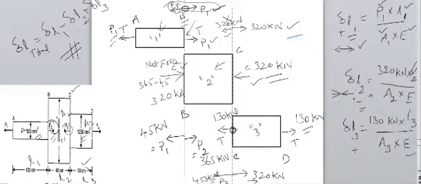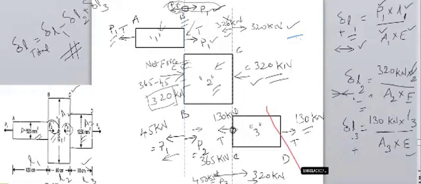P1 is moving toward the left hand side and P2 is moving toward the right hand side. Therefore, I need the net force applied on the face B for the second portion. The net force is 365 minus 45 kilonewtons.